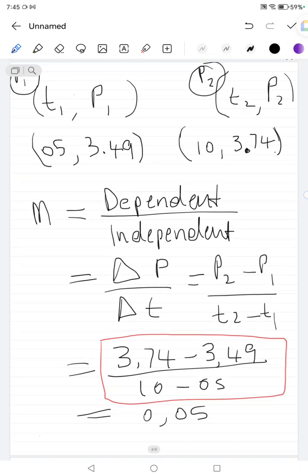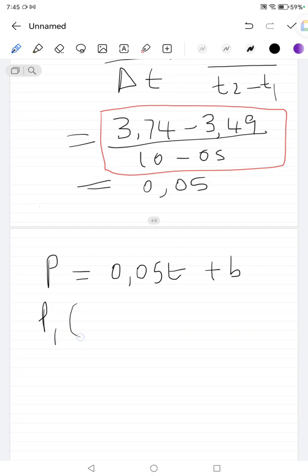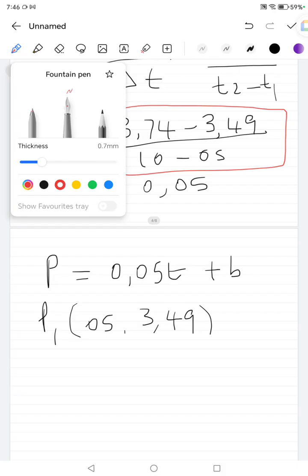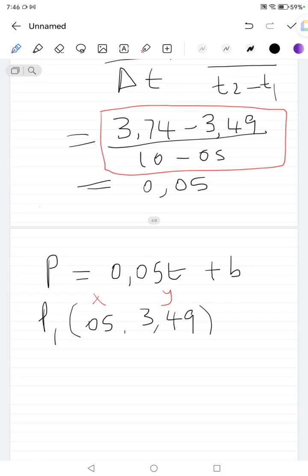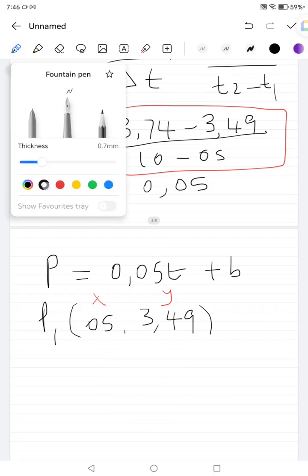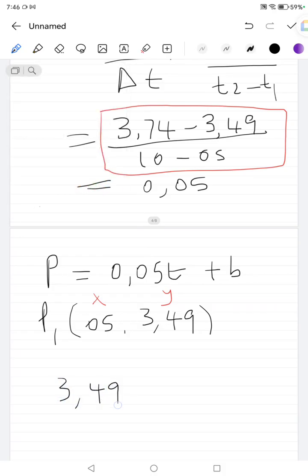So I'm just going to use the point (5, 3.49). Remember, this will always be written in your x and y format, x on this side and y on this side. So you have 3.49 equals 0.05 times 5 plus b.